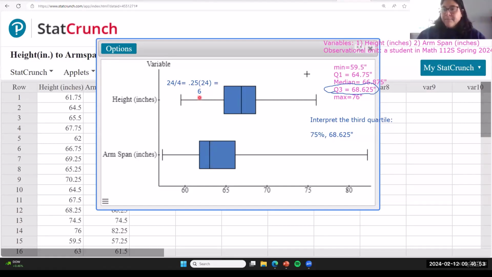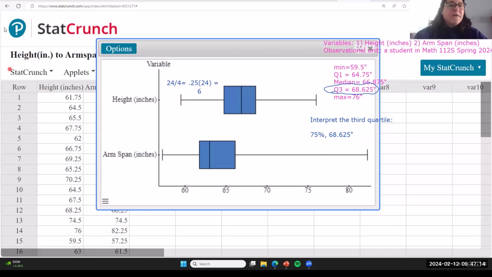Do you guys see that? So when we're interpreting quartiles or anything that ends with an ile, we're always looking at how much of the data is below it. So that 75% is here. This whole thing is 50%. This whole length, that's 75%.